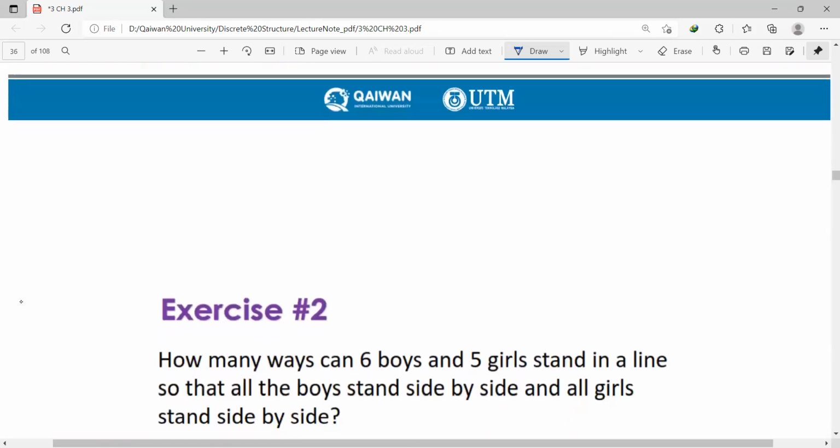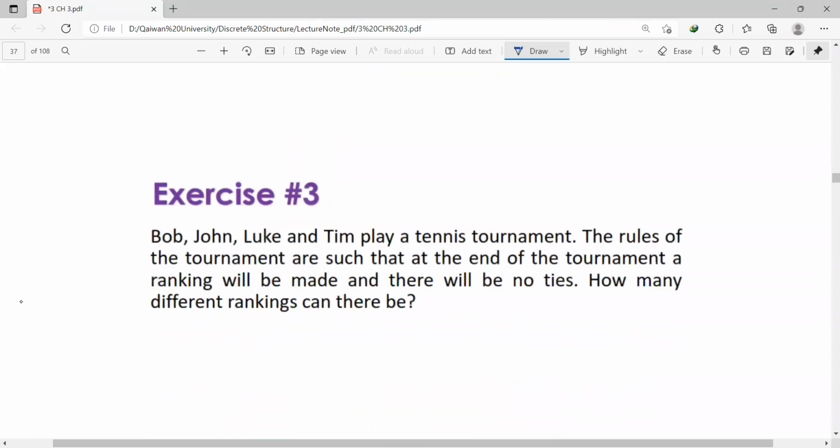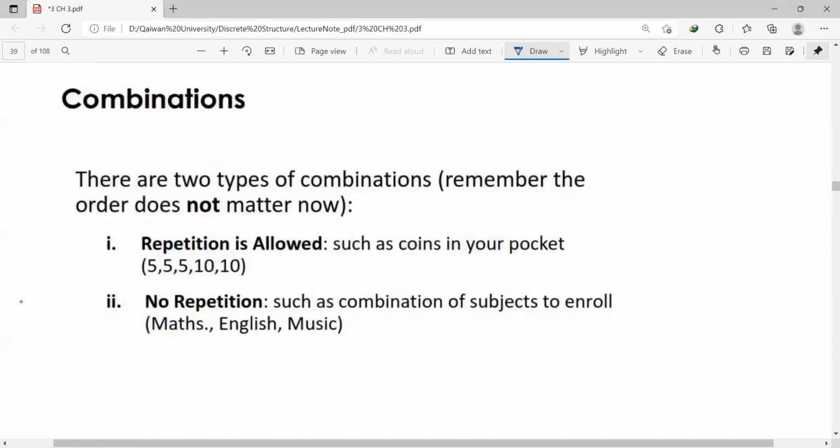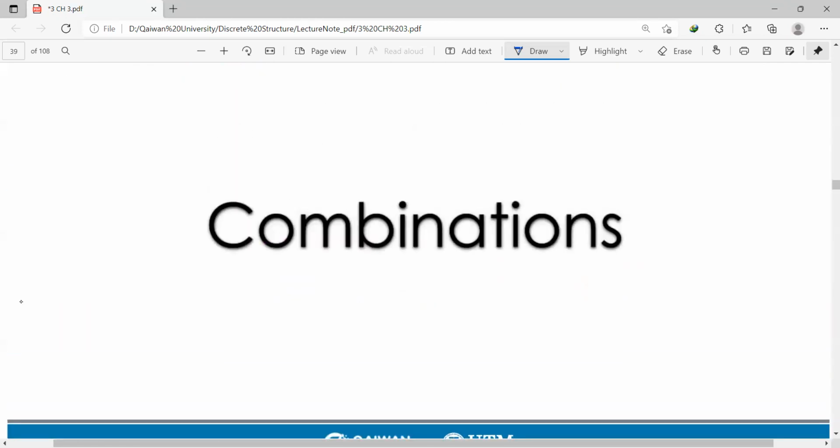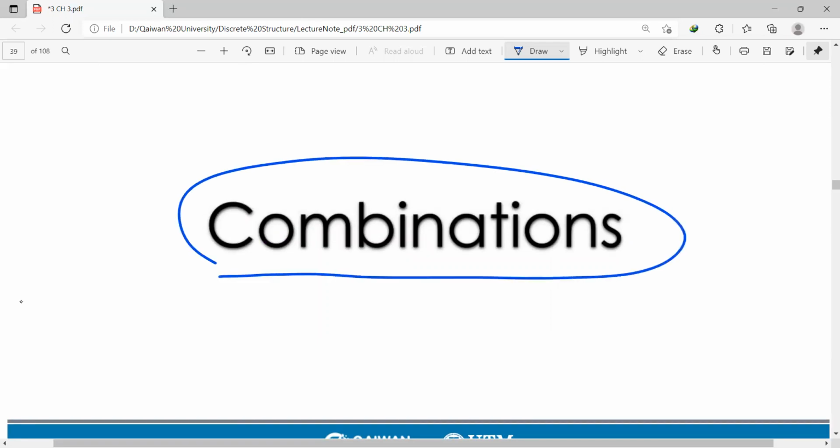This is the end of this part of the chapter, part 2 of chapter 3. So it's the end of permutations, not the end of the chapter. We now have combinations. So what did we talk about up to now?